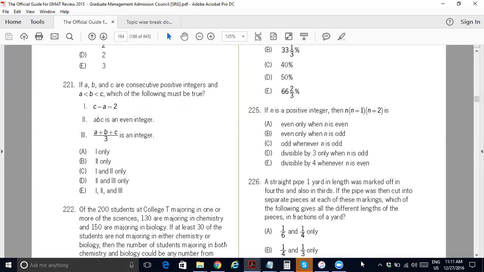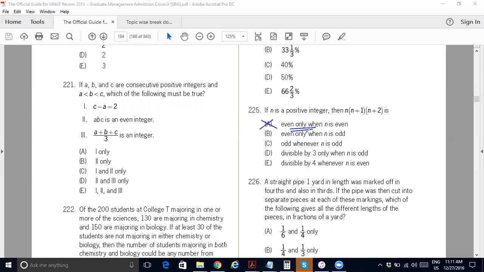So the first option is not true, because n doesn't have to be even. n can be anything, we will always get an even number. So this rules out the 'even only when' option.